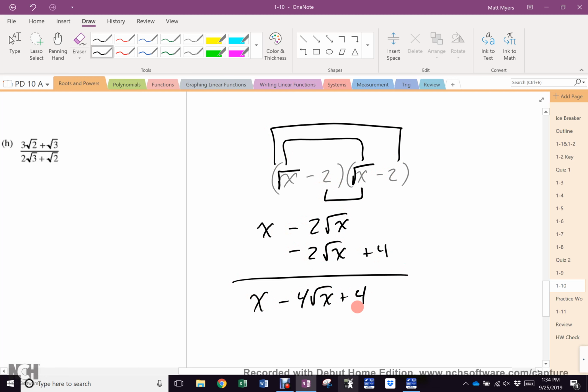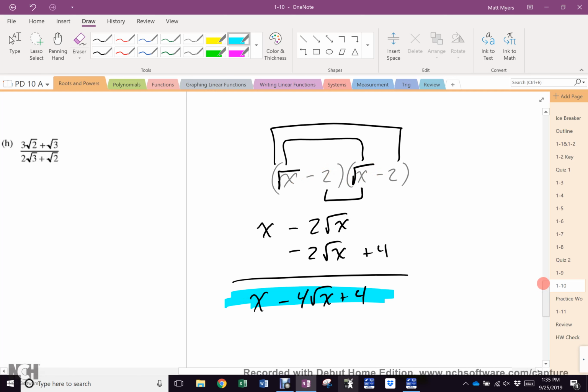What is wrong with our answer here when compared to the goal that we are trying to achieve? What is the whole point of that multiplication? What are we trying to achieve?